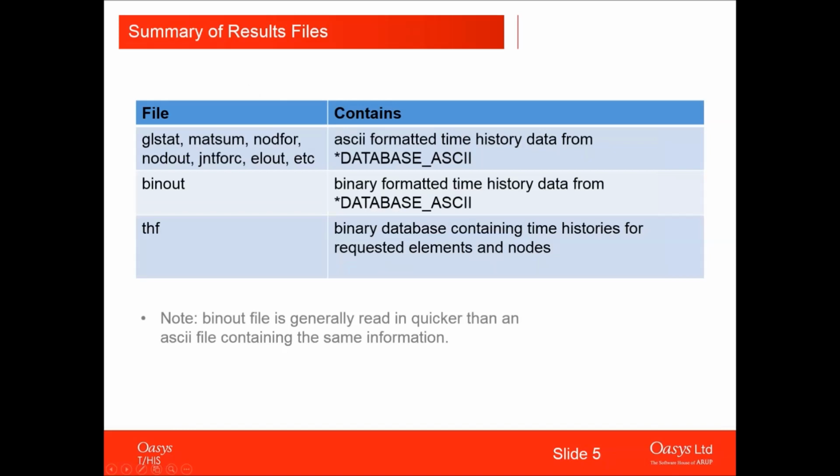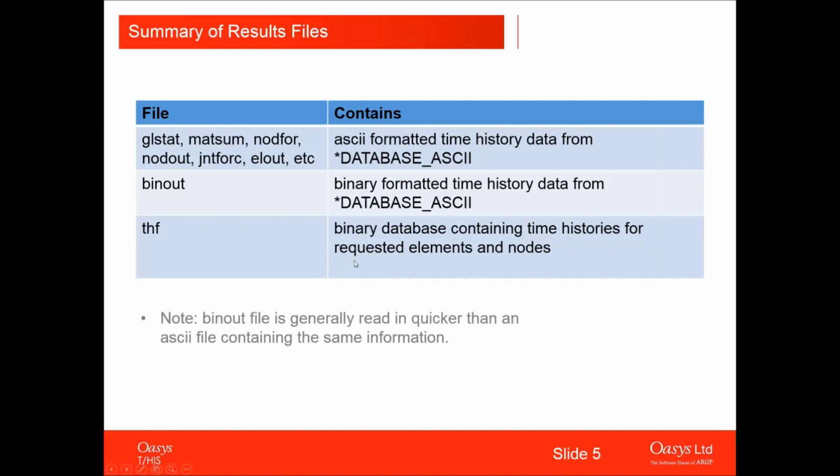Okay, and this is just an example of the files that THIS will read. For example, these are typically called ASCII files, glstat, matsum, nodeout, and so on. You can also have the binout files. Again, those are database ASCII files. So this is time history data.